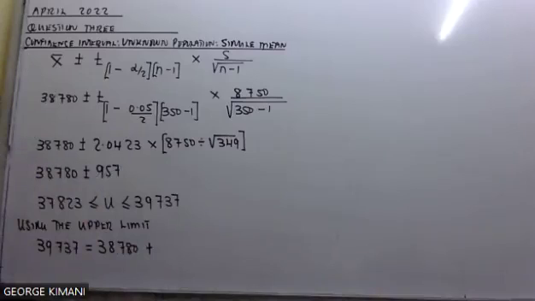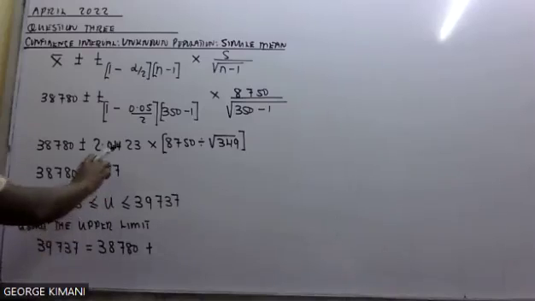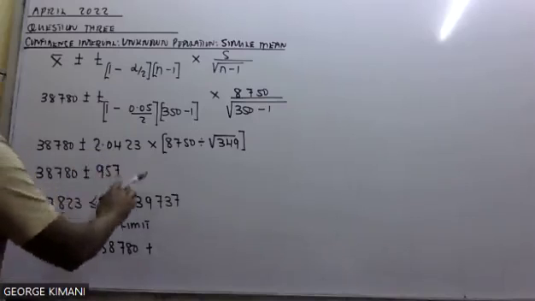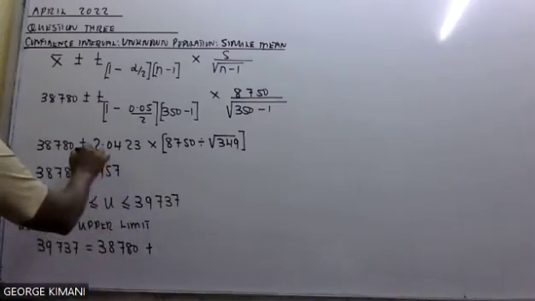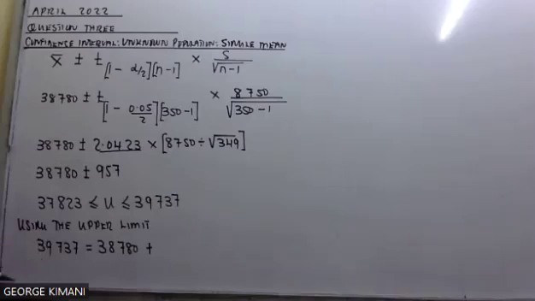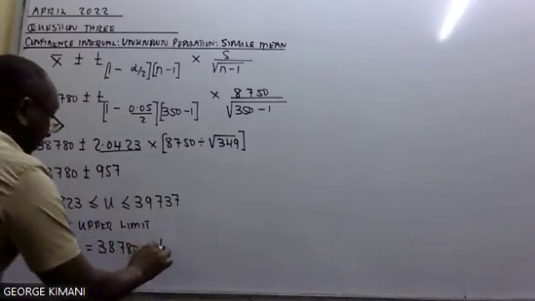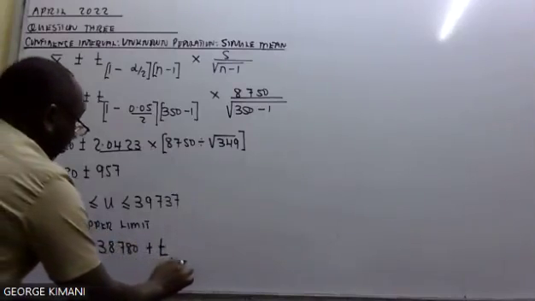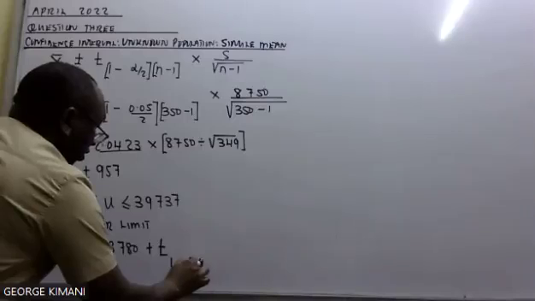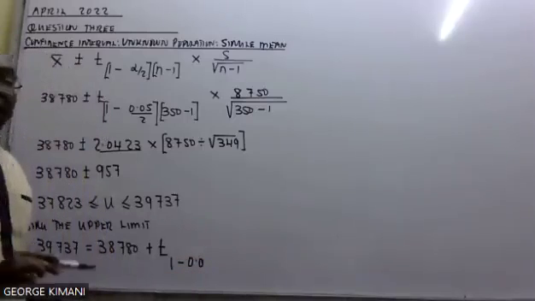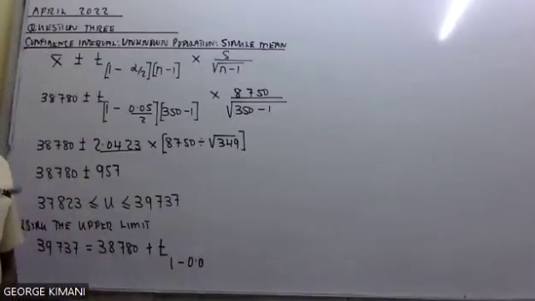So how did we get the 957? The 957 was arrived at using this 2.0423. How did we get that? That one we had gotten it as t(1 minus 0.05), but now in this case it is not 5.